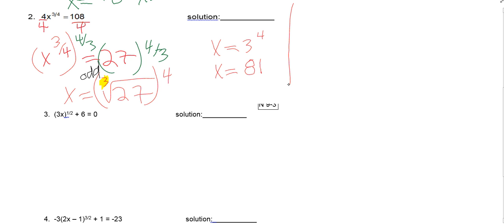And let's go ahead and check our answer. Plugging it in over here, we have 81 times 4, and 81 is raised to the 3/4 power, and we're going to see if that's equal to 108. Of course we could divide by 4, but I think we won't this time.